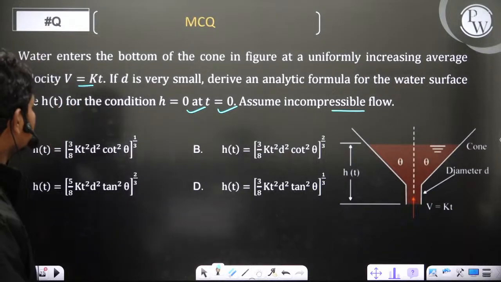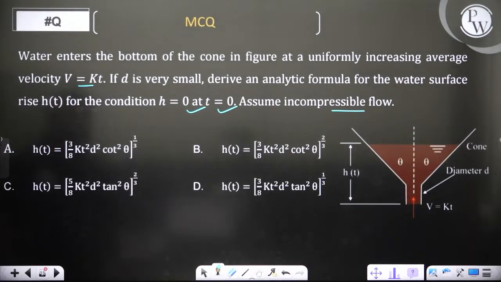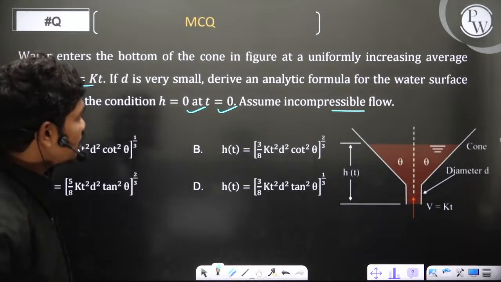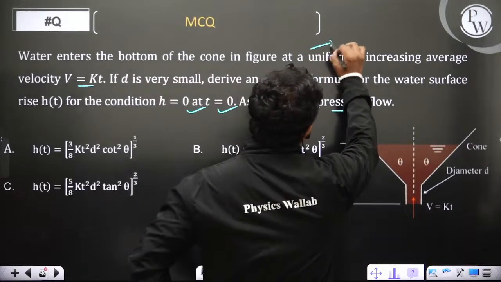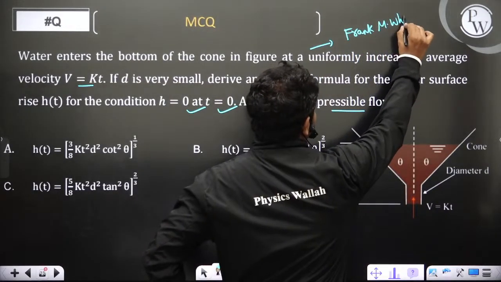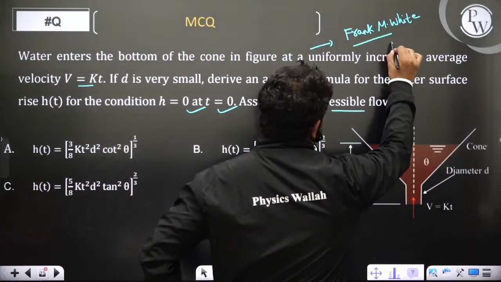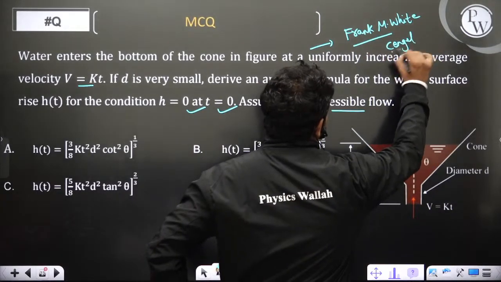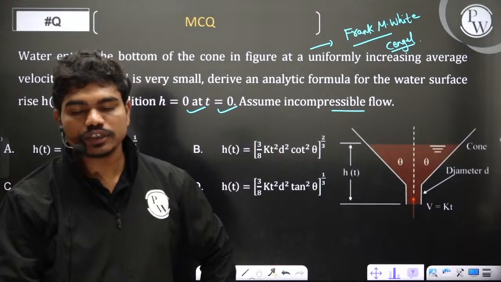Okay, so see here, let's solve this. Water enters the bottom of the cone in the figure. Normally this is a question from Frank White, you can solve. Guys, I'm telling you one thing: normally the majority of the questions I pick are from two books, Frank White and Cengel. These two are really nice books for solving questions.